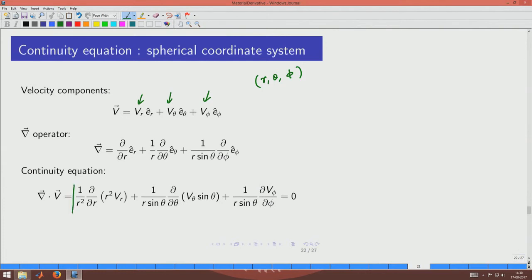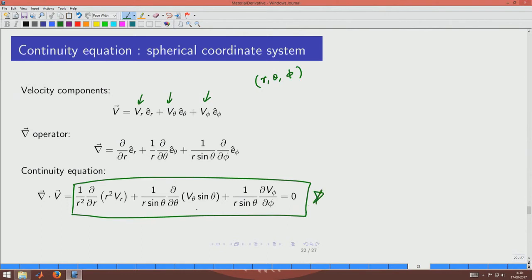So, finally, you will also arrive at this kind of an expression which you can derive and show that the continuity equation in spherical coordinate system would look like that. Okay. Which means that we do not have to derive this, we just look up what are the operators and then act upon them, because the derivation as in this is already done and this is adequate for us to know.